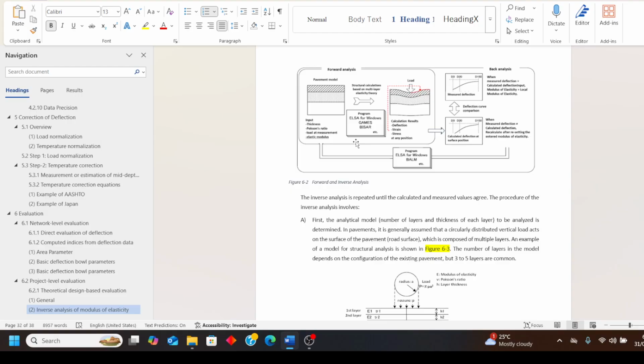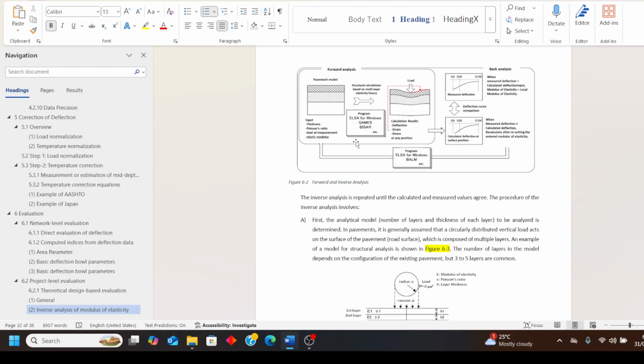It estimates the elastic modulus of each layer, which is the asphalt, base, and subgrade, and it helps identify which layer is weak, and it requires iterative computation analysis. And for the forward analysis, there are critical responses: once the elastic moduli are known, it calculates the stresses and strain under the traffic load.